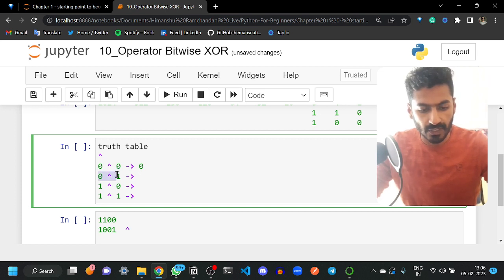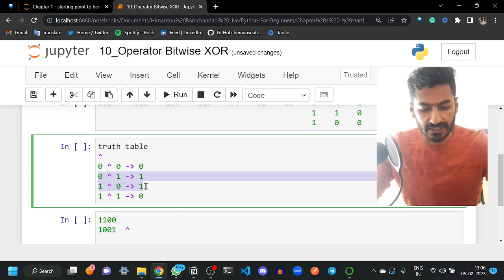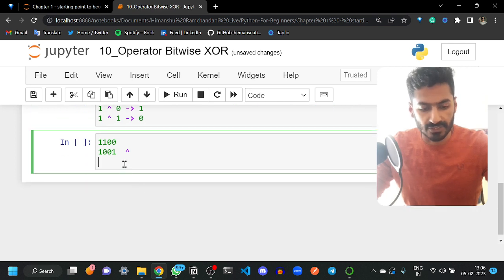If there are opposite values, not all inputs the same, the output will be 1, so it will flow the charge forward. If all the values are the same, again this will be 0. So in XOR, if there are opposite charges, the output will be 1, and if they are similar charges, the output will be 0.